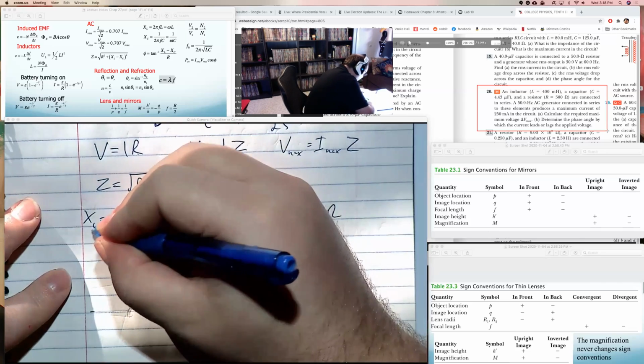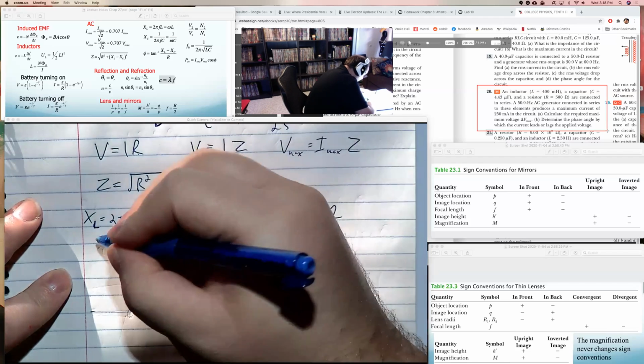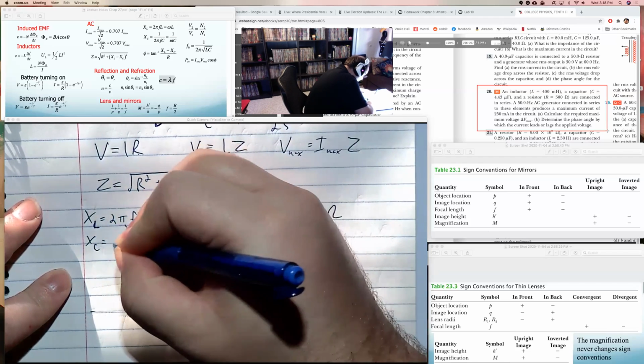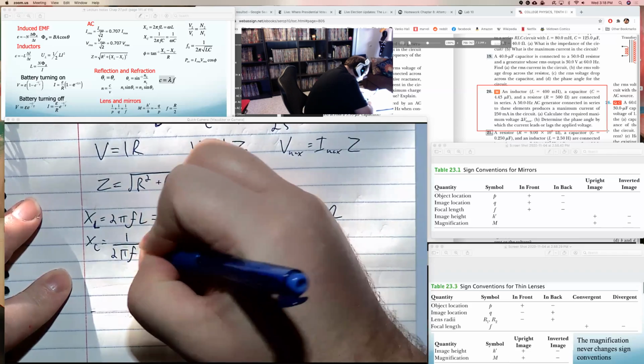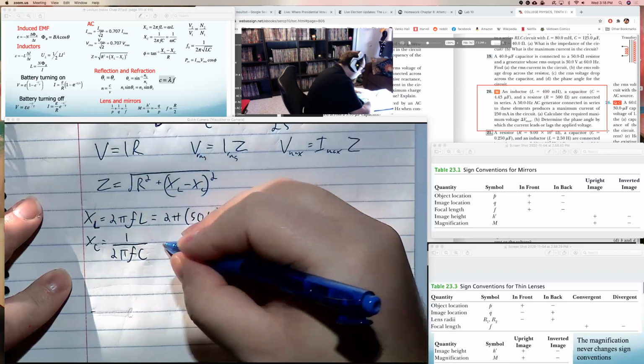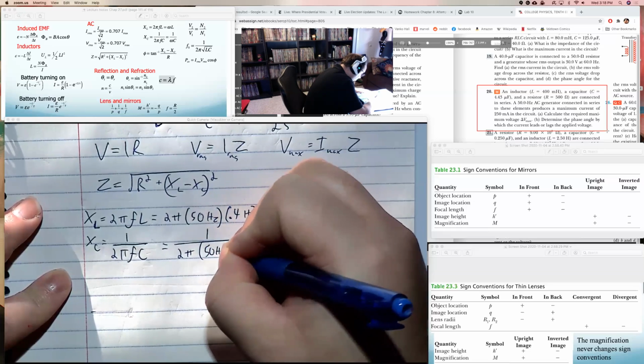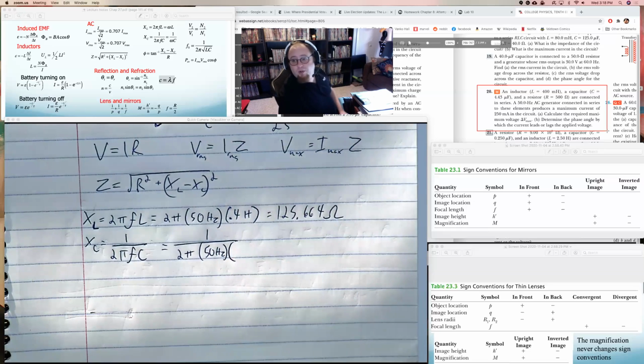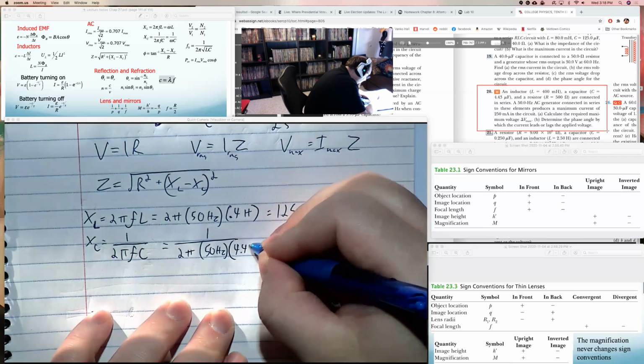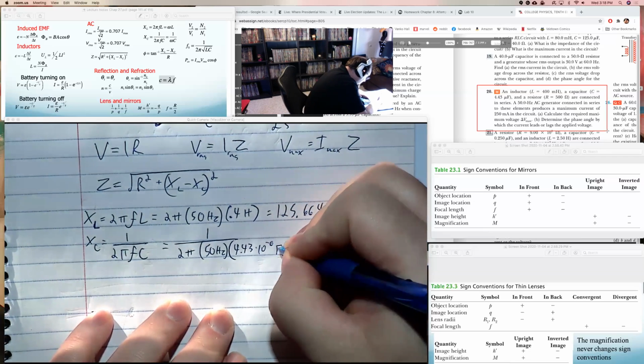Meanwhile, XC is 1 over 2 pi FC. And so it'll be 1 over 2 pi times 50 hertz times whatever C was. Now C was 4.43 microfarads, so 4.43 times 10 to the negative 6 farads.